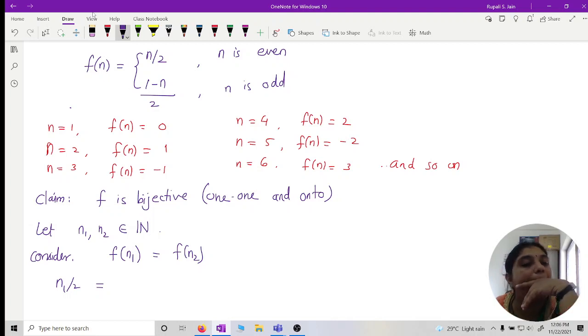Which will be the cases? So there will be different cases: n1 and n2 both are odd, both are even, or one is even and one is odd. So these three cases we have to prove.